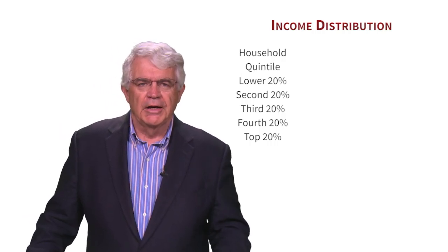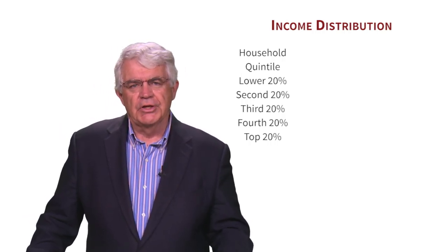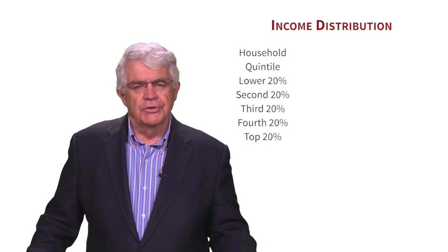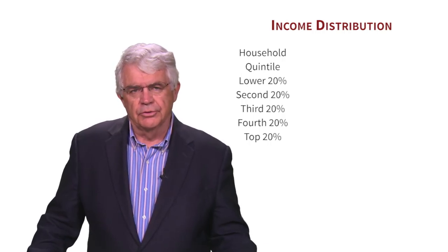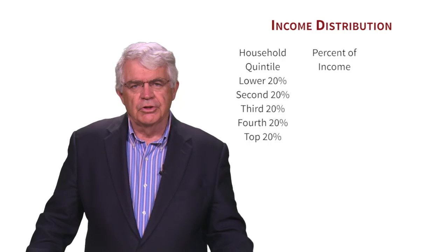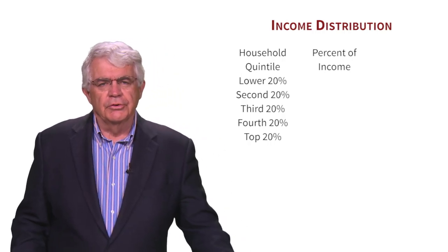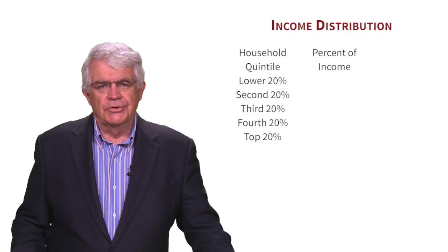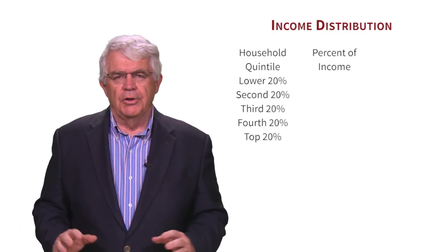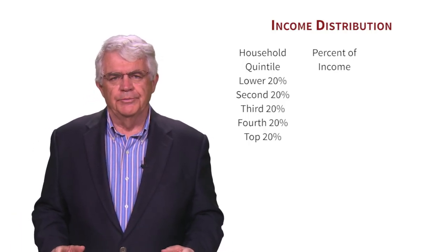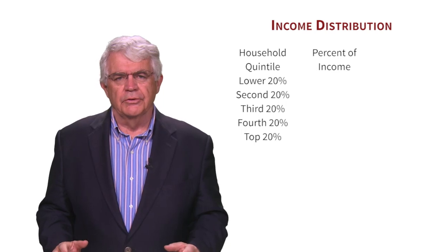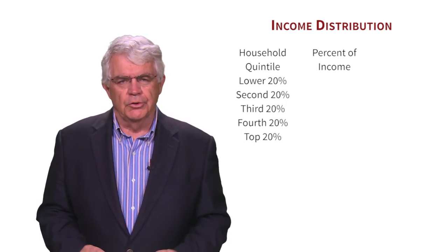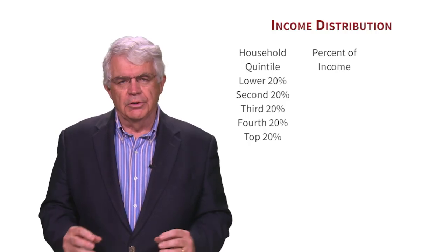So you basically divide the economy into these percentages based on the amount of income the family, or in this case, the household, earns. Next to it, we show the percent of income in total that's earned by each of these quintiles. The percent of income is computed simply by adding up all of the income in the entire economy, that's for all of these quintiles, and considering the amount of income earned in each of the quintiles and dividing one into the other.